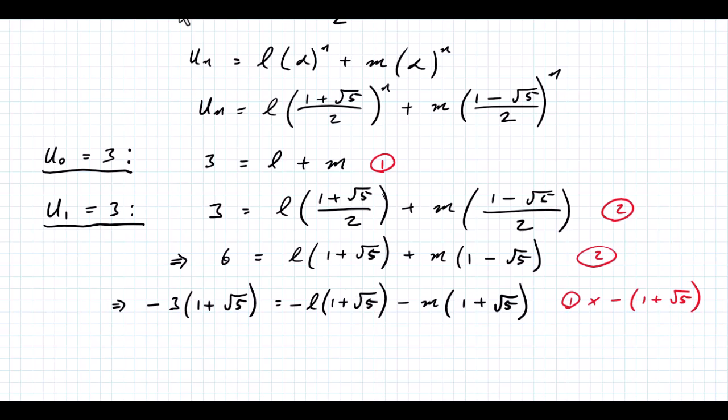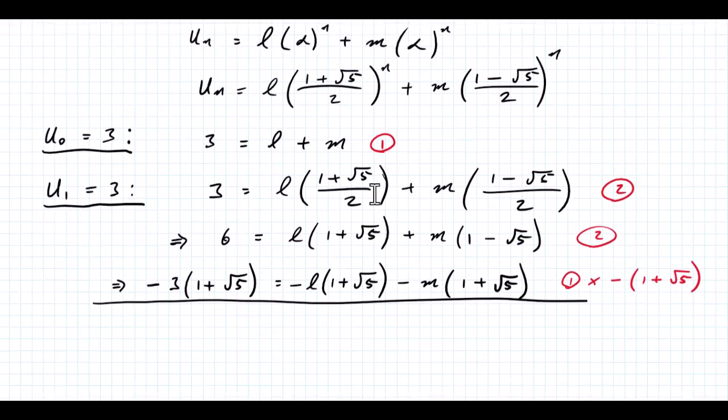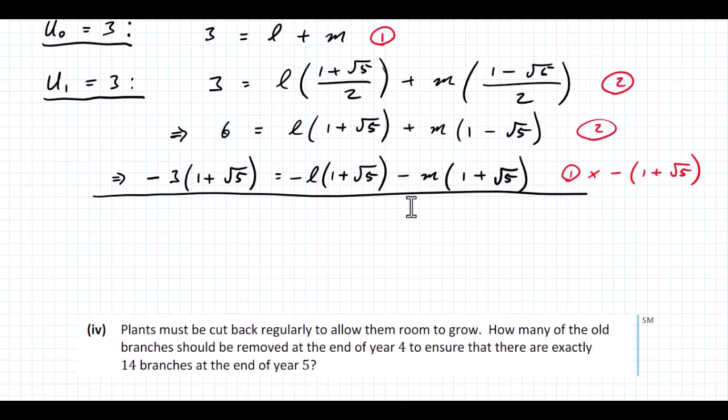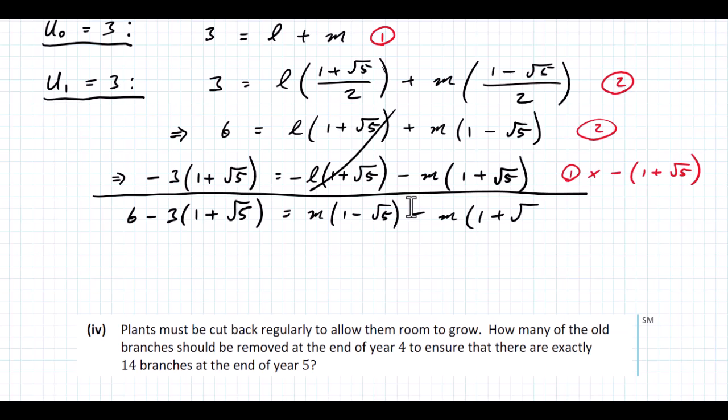We've got a plus L, a minus L, times (1 plus root 5). So let's just put a line underneath here, and what we end up with is 6 minus 3 times (1 plus root 5) is equal to, this will give us 0, we end up with m times (1 minus root 5) minus m times (1 plus root 5).